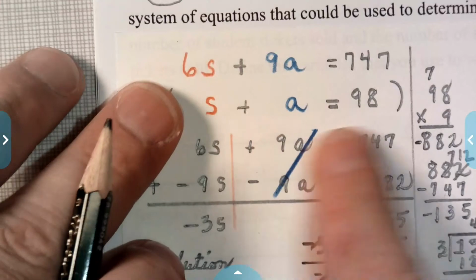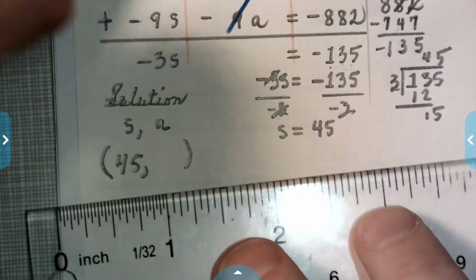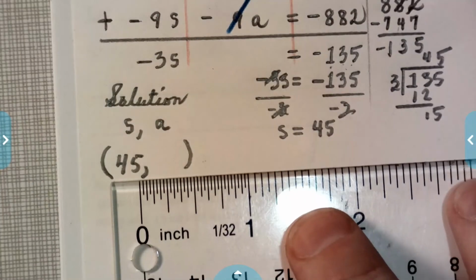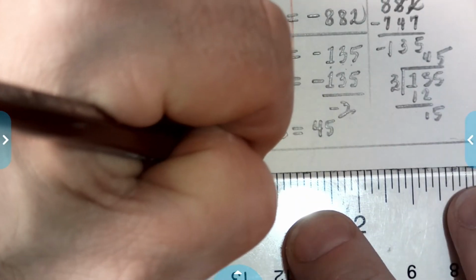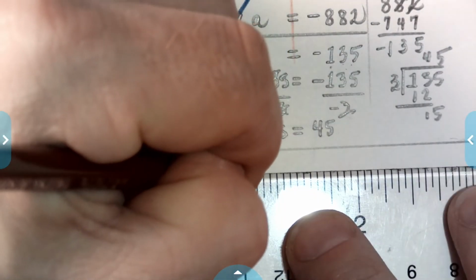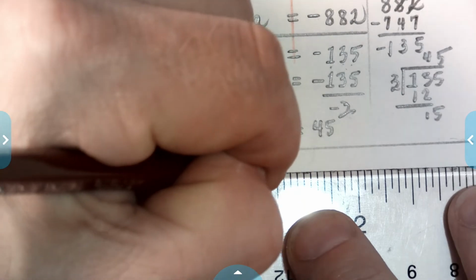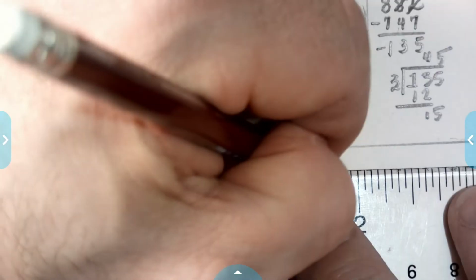Well, S plus A equals 98. That's the easy one, right? So again, we're asking the question, what is A when S is 45?